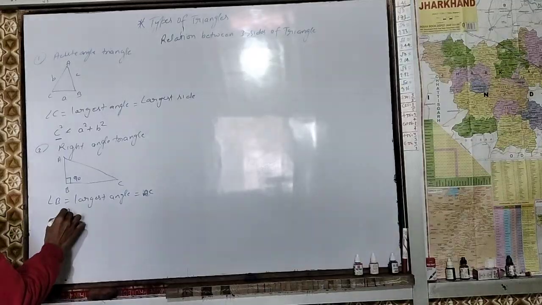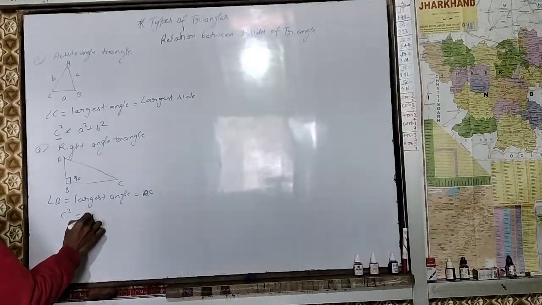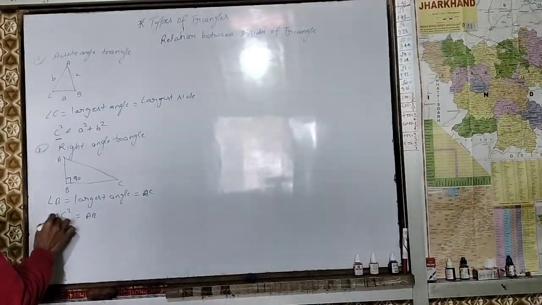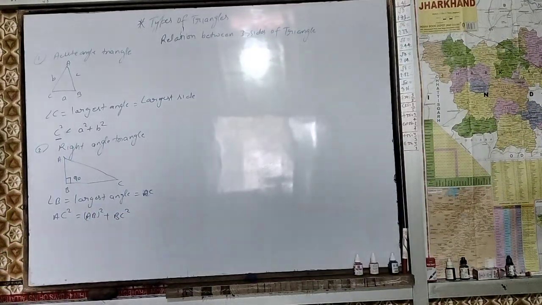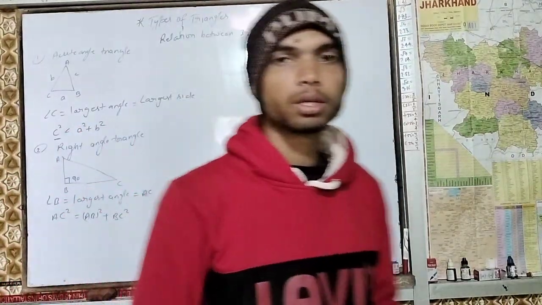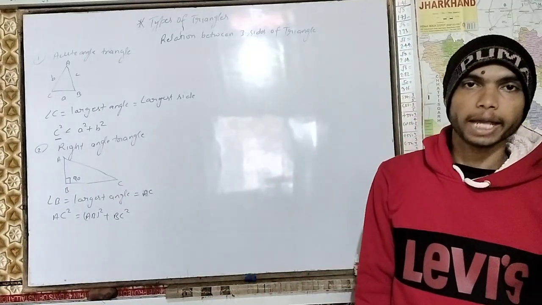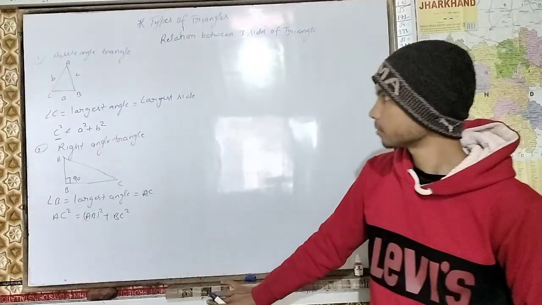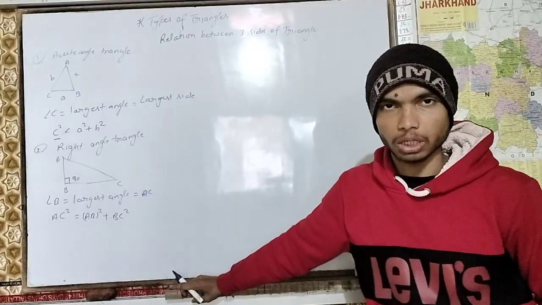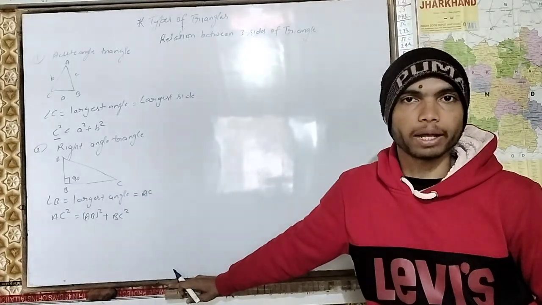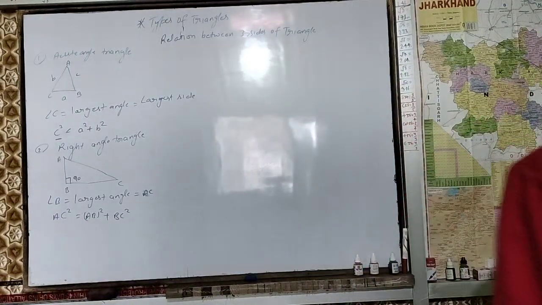In that case, we can write AC square equals AB square plus BC square. C squared equals A squared plus B squared when an angle of a triangle is 90 degrees. In this case, C was not equal to A squared plus B squared because the angle was less than 90. Okay.